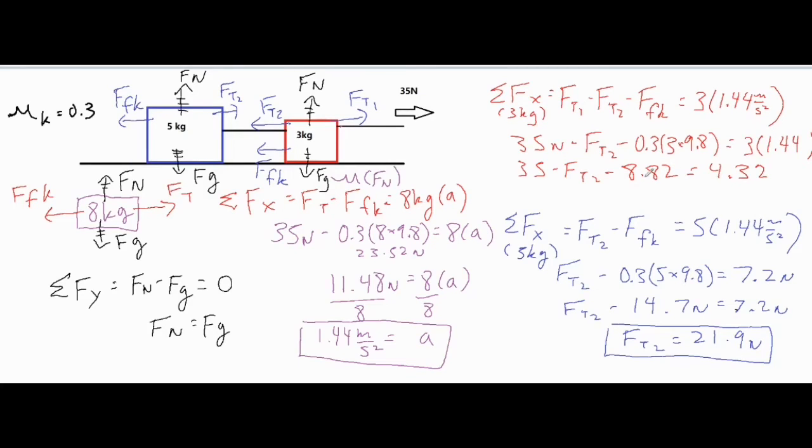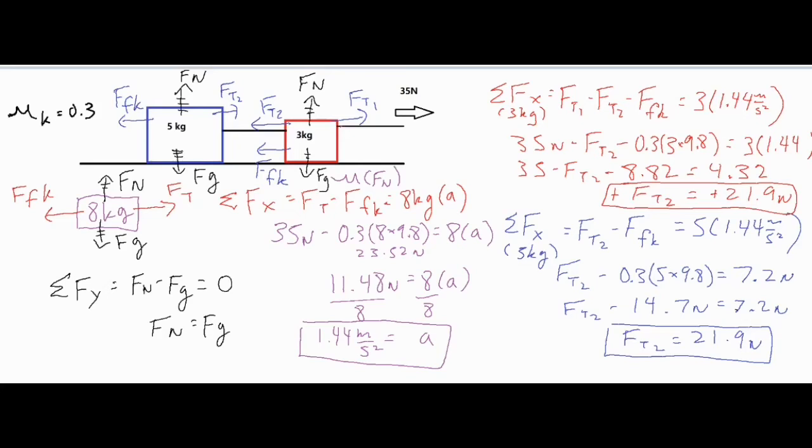So if I add 8.82 to both sides and then subtract 35 from both sides, I would have minus FT2 equals negative 21.9 newtons rounded off. The negatives would drop out. And then I would get an FT2 of 21.9 newtons, which is going to be the same number as the one that I got earlier.